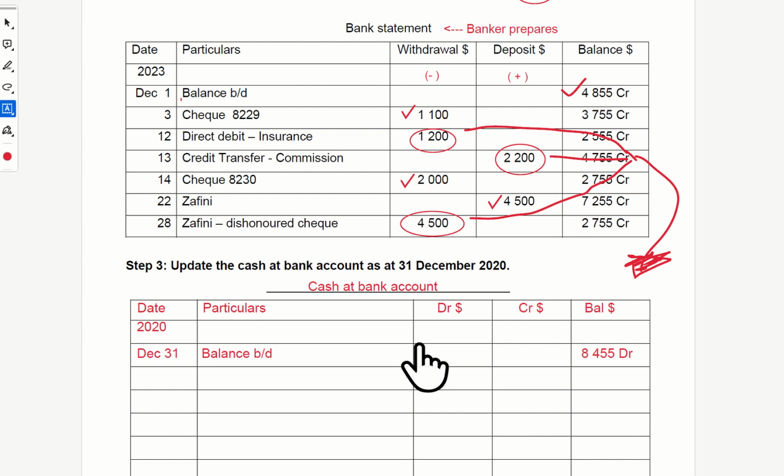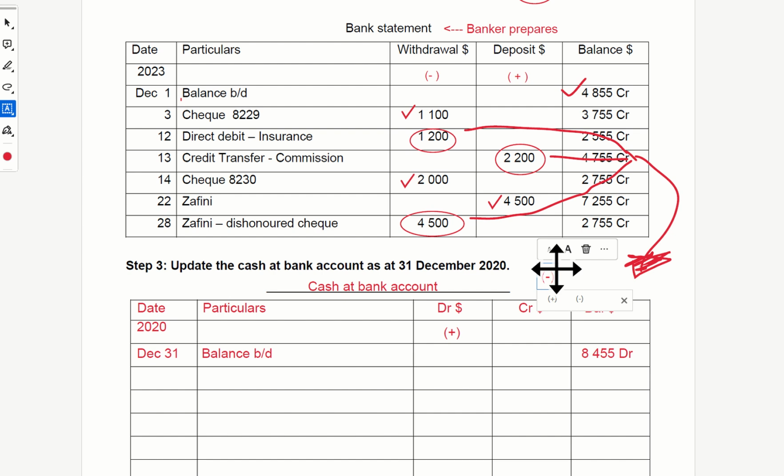Not forgetting my accounting rule: a debit is a plus, and credits are minus.